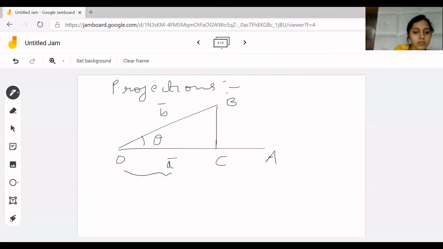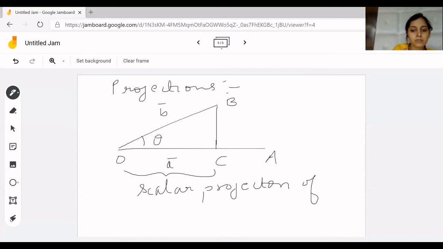OC is called the scalar projection of B bar on A bar. In right angle triangle OCB, cos theta will be equal to OC upon OB.